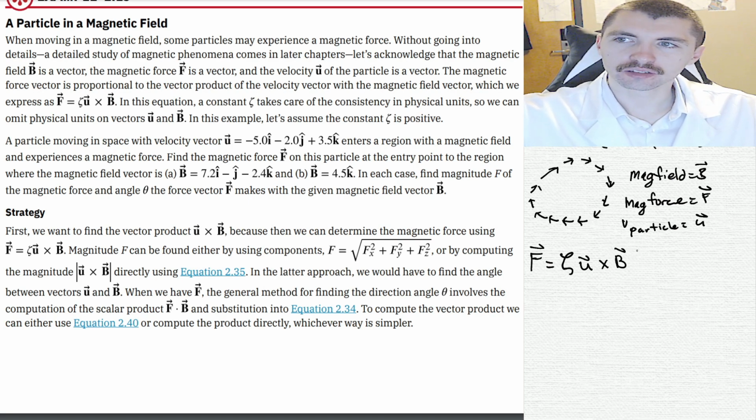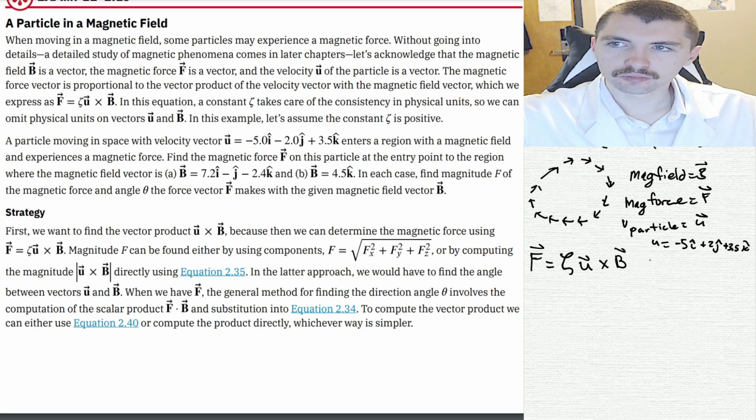Okay. So particle moving in space. Okay, so let's say U is, so let's say a particle moving in space.